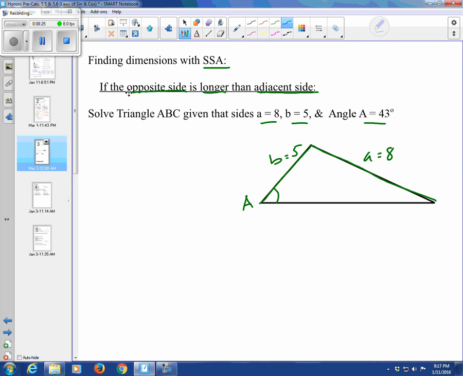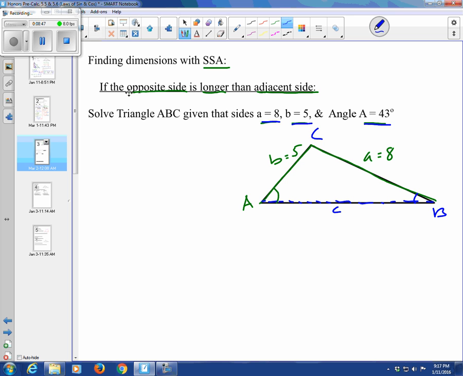Now, right here, one thing that we can say is that the angle C, the side little c, and the angle B can really be any length. The only thing that we're told about is our angle A, our side B, and our side A, right?